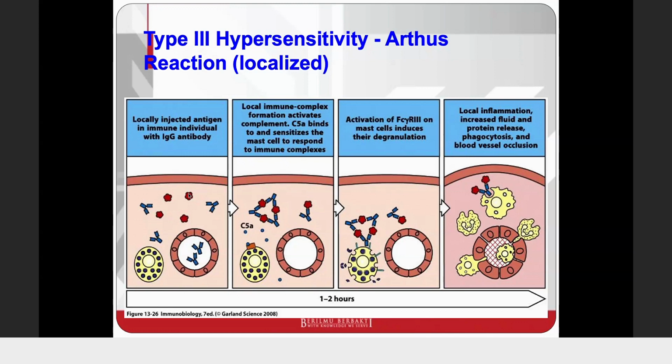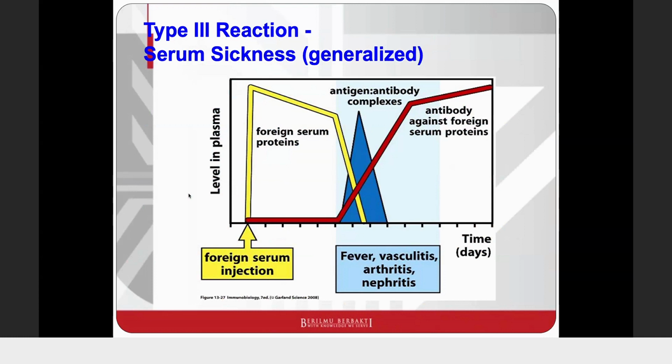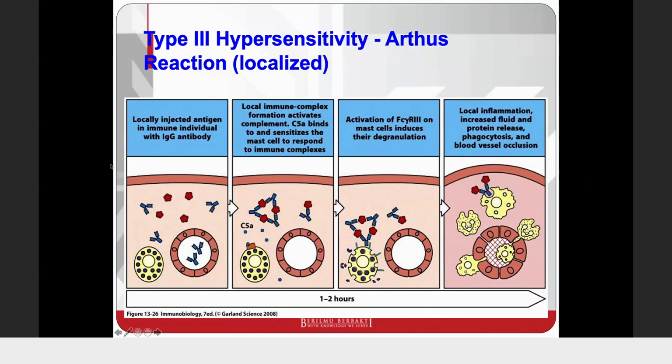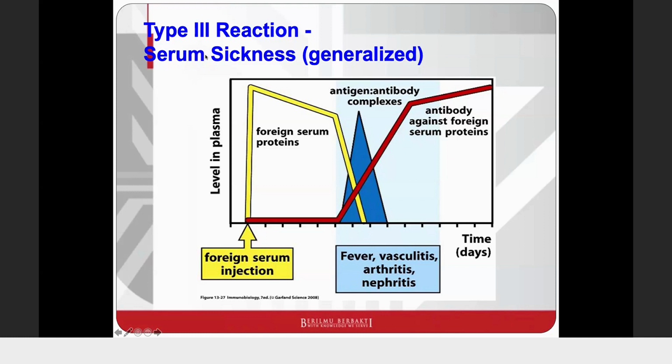Then there is another one which we call generalized, as I mentioned just now, the systemic. This is the reaction associated with systemic type 3 reaction, what we call serum sickness.